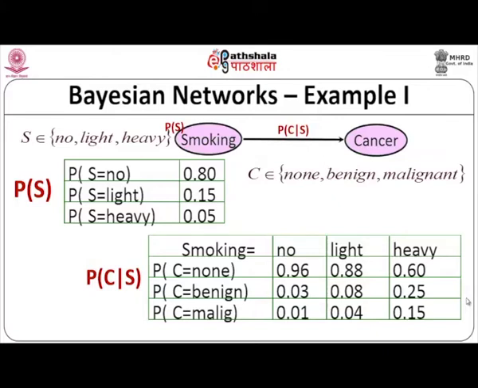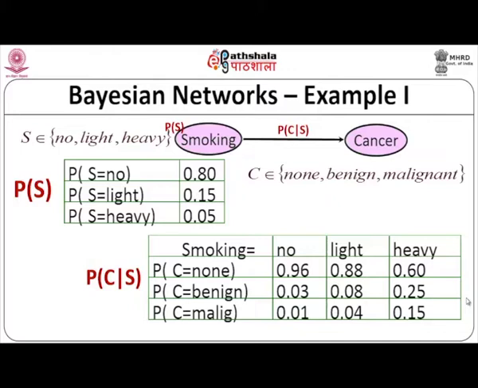Now, if C is benign, then if smoking is no, you have probability 0.03, light 0.08, heavy 0.25. And if it is malignant, smoking no, the probability is 0.01, light it is 0.04, and heavy is 0.15. Again, this conditional probability table, as it is called, is given by the domain expert.